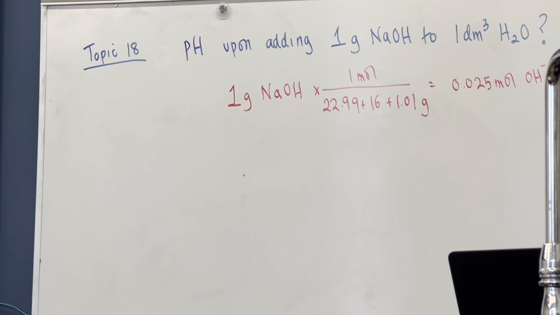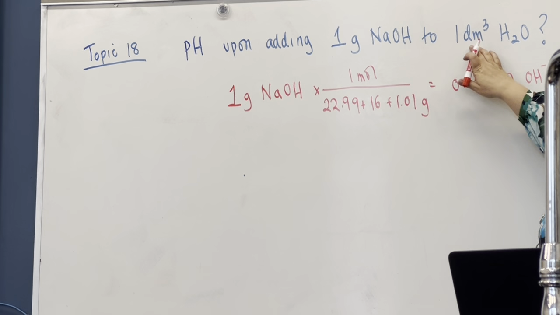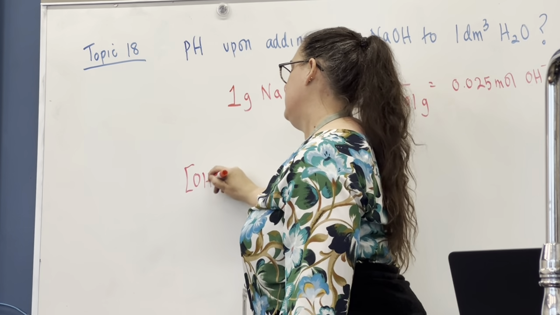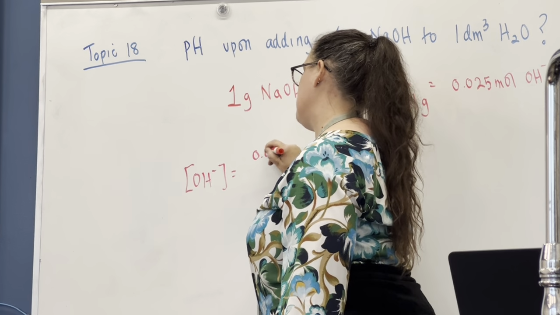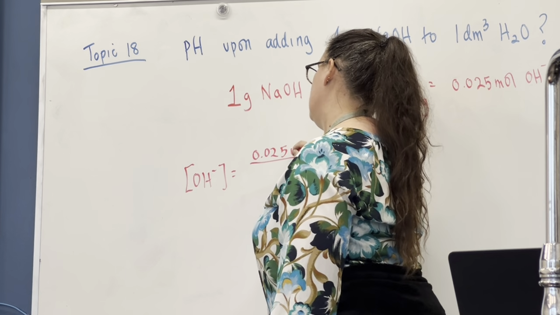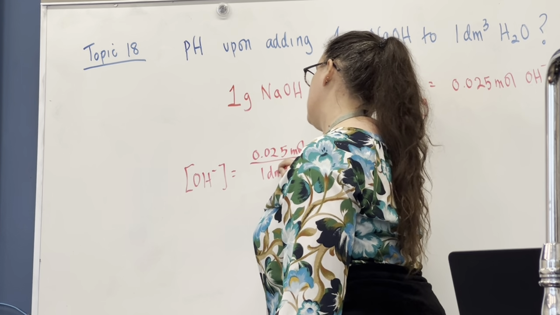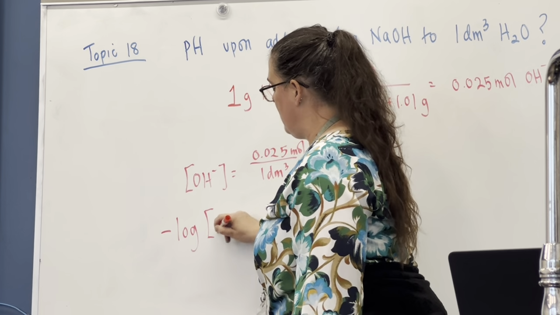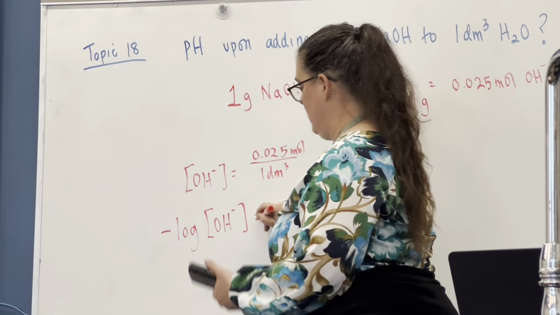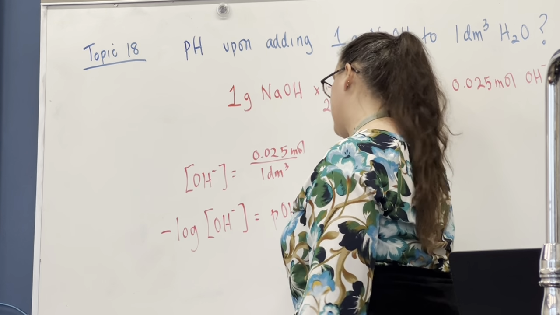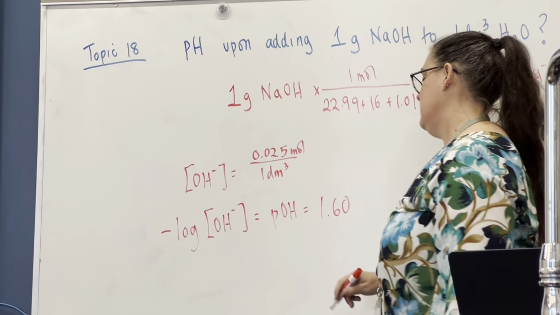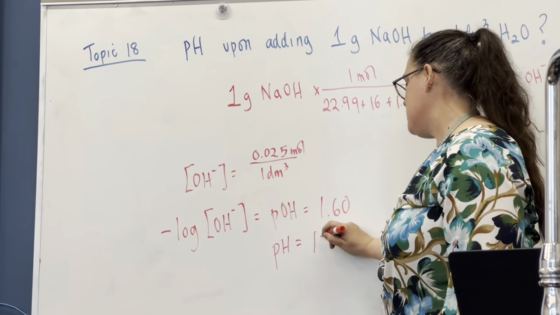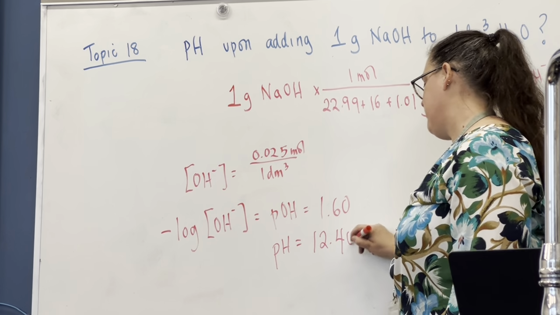And then I hope what you did was you said, well, if I have this many moles in that many liters, the concentration of hydroxide is just that many moles over that many liters, that same number, and minus the log of the concentration of hydroxide is the pOH. I got 1.60, but I asked you what is the pH, so I hope that you subtracted from 14 and got 12.40.